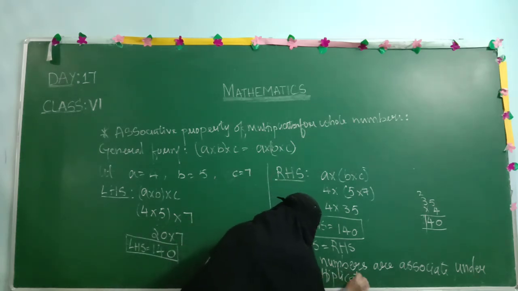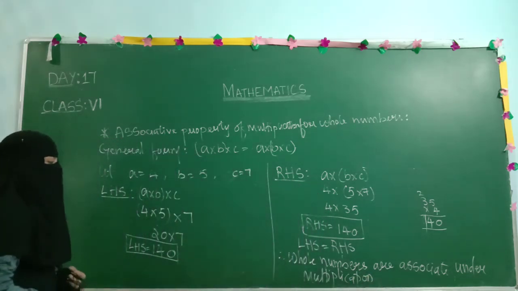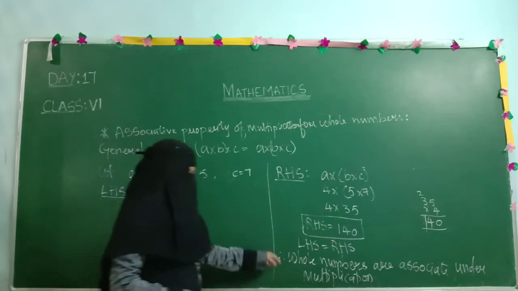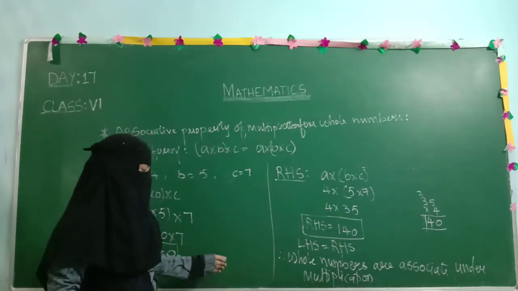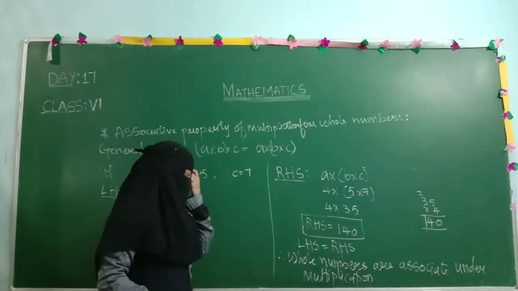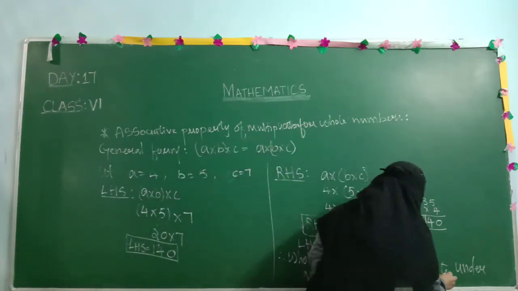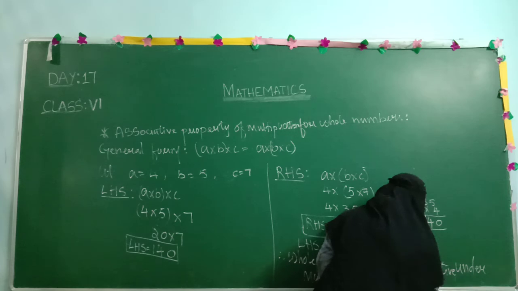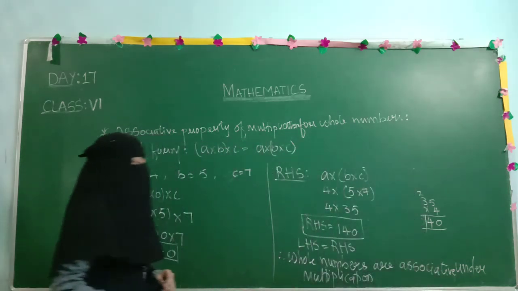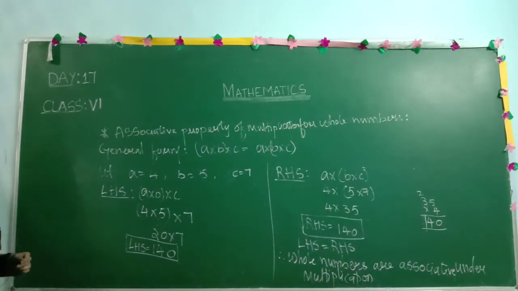If you are checking multiplication, then you need to write multiplication. So the final statement we have written, these 3 dots say therefore. We have to read that as therefore. Therefore whole numbers are associative under multiplication. As previously we checked for addition, you need to write the statement whole numbers are associative under addition.